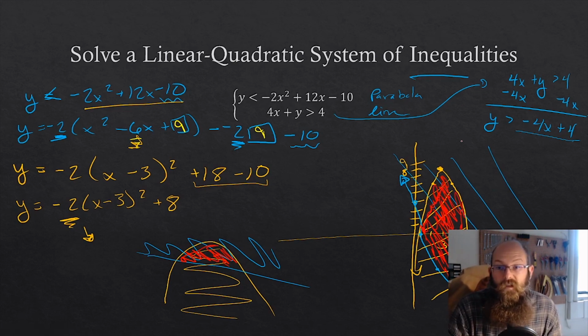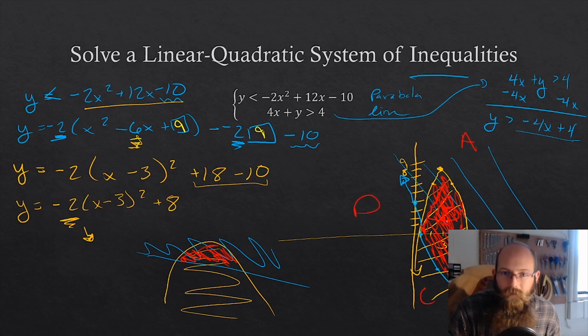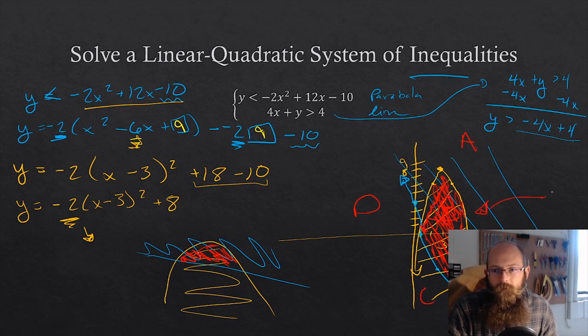So if on a test, maybe I have it labeled region A, B, right there, it's hard to see, and then C, or maybe D over here, it's going to be that chunk in the middle where they both overlap. That's my answer. In there, that's my region for this system of inequalities. Okay, because I shaded both of those.